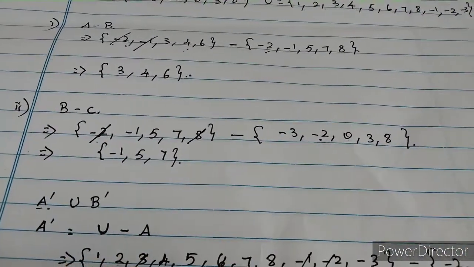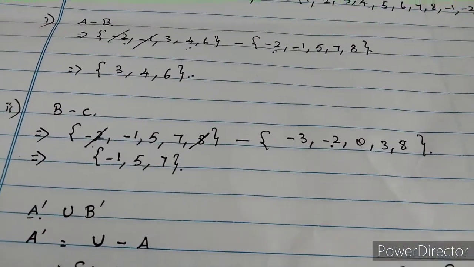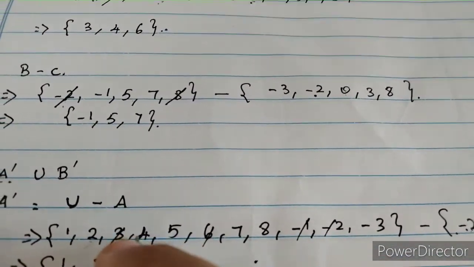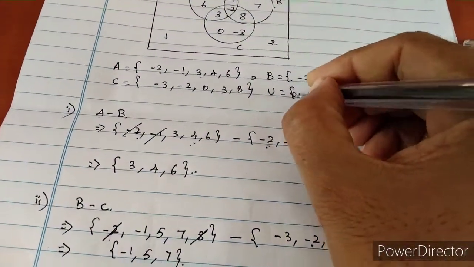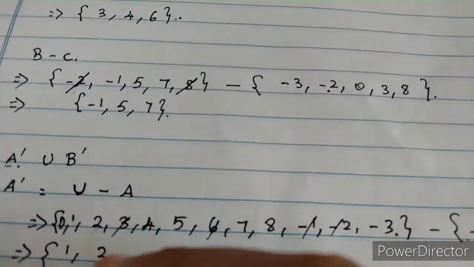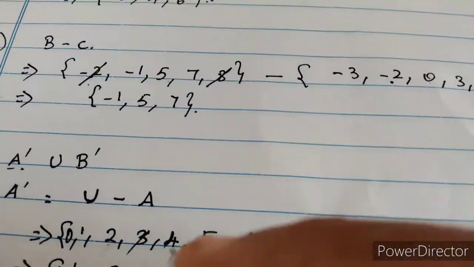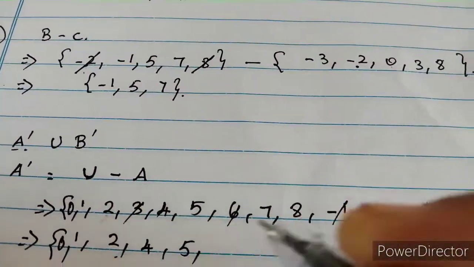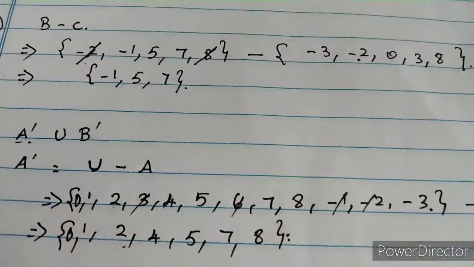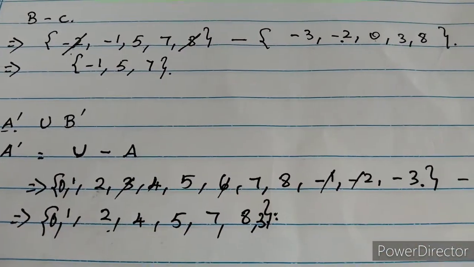Write down the remaining elements, that is 1, 2, 5, 7, 8 and -3.